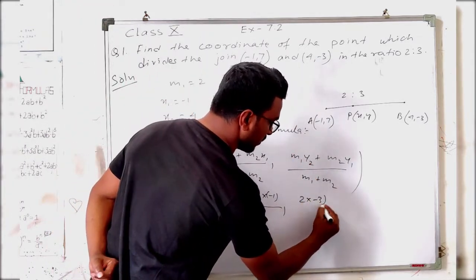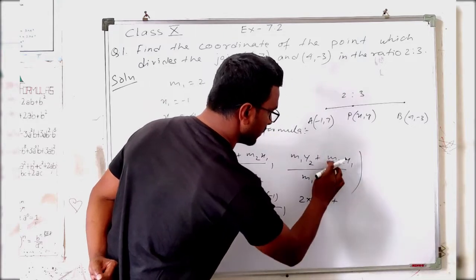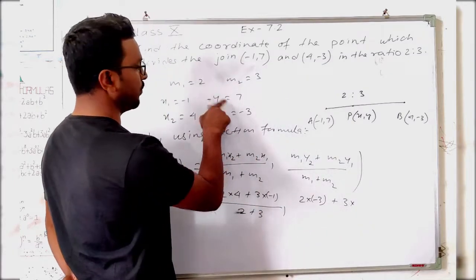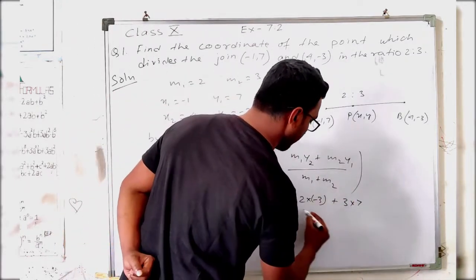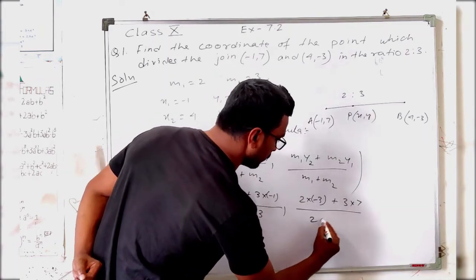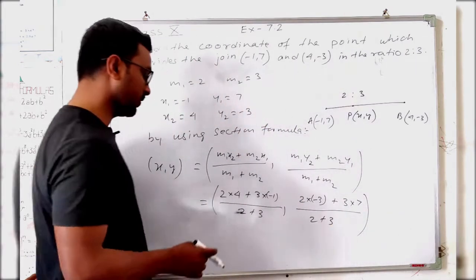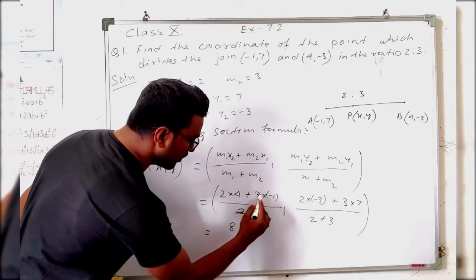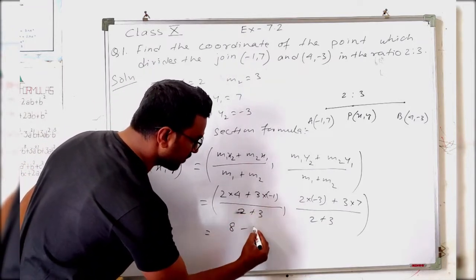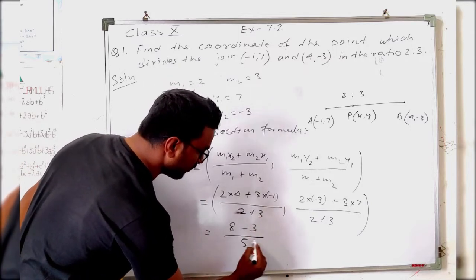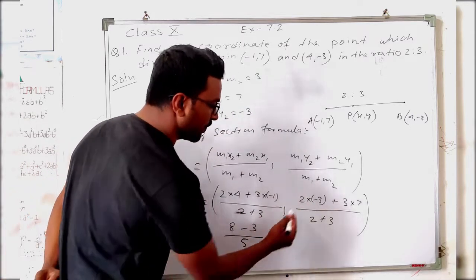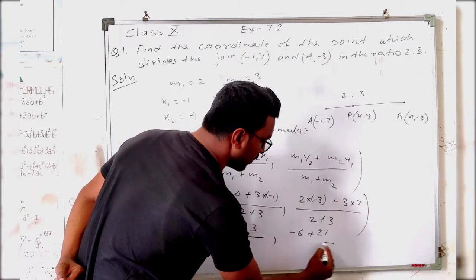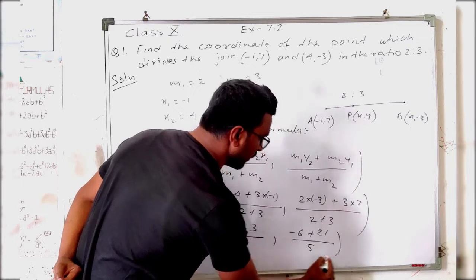So we put -3 plus m2 which is 3 into y1 which is 7, divided by 2 plus 3. Next, if you multiply, the numerator for x will be 8 minus 3, and the denominator 5, and for y it will be -6 plus 21, and below it will be 5.